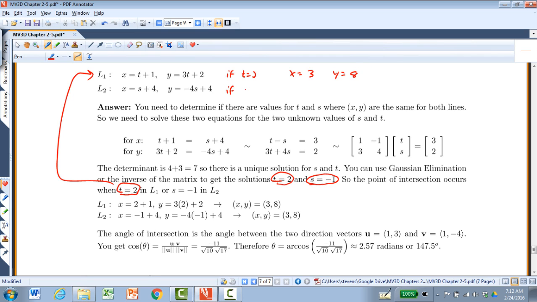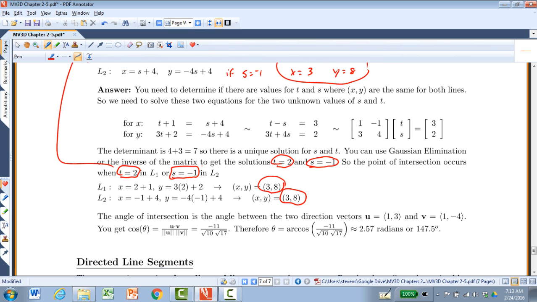And down here, if S equals negative 1, then X equals 3 and Y equals 8. So that's your point of intersection. Right? The point of intersection is 3, 8, and you can find that by using either equation. It's probably good to check both to make sure you get the same point.